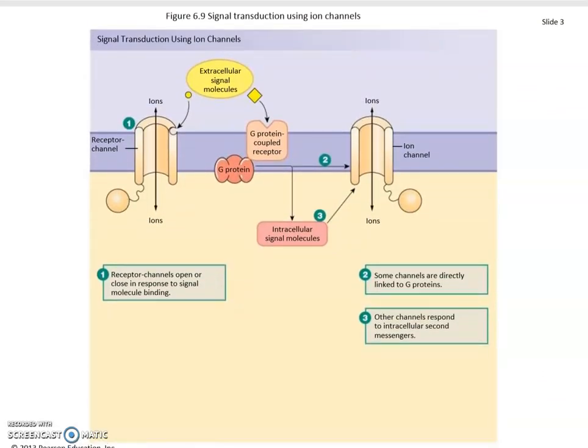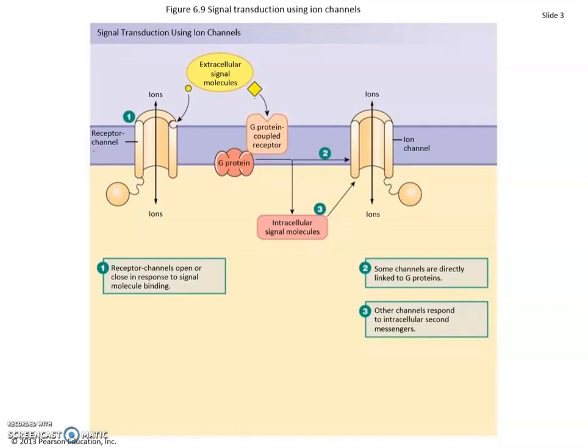And then here the third possibility is that the G protein coupled receptor activates some sort of intracellular kinase, typically some sort of a molecule, and that molecule could indirectly open up that ion channel. So 3 different ways you can alter membrane permeability, either directly over here, or indirectly with a G protein coupled receptor.